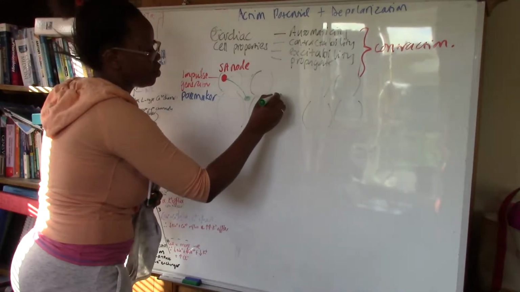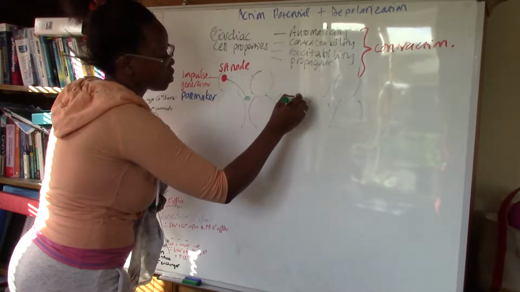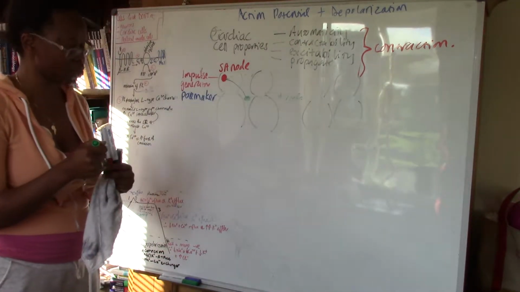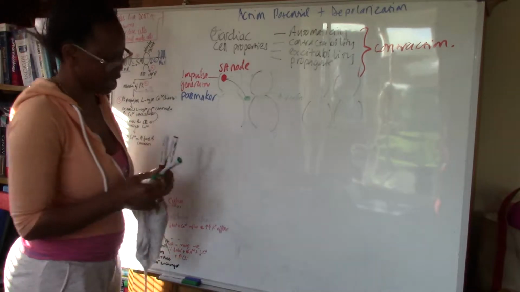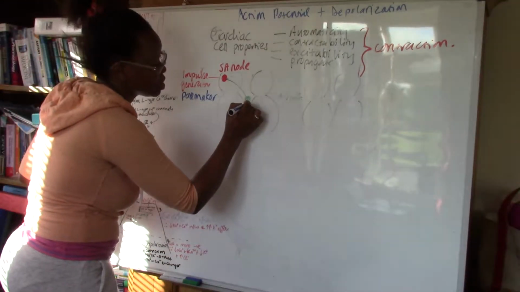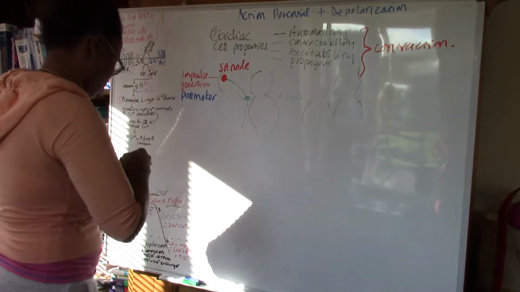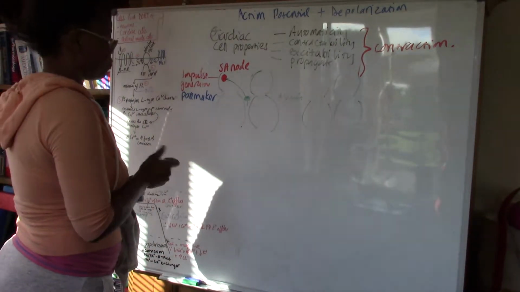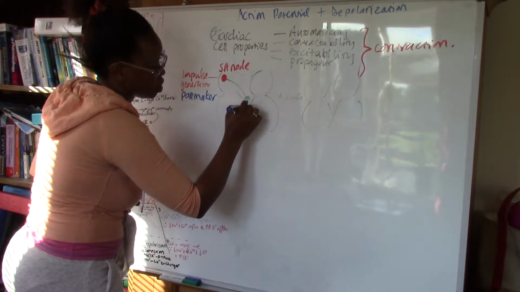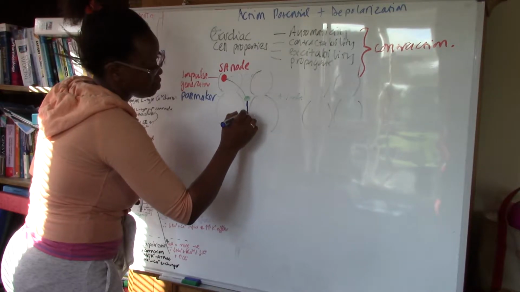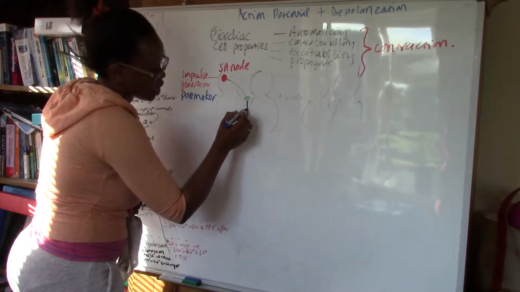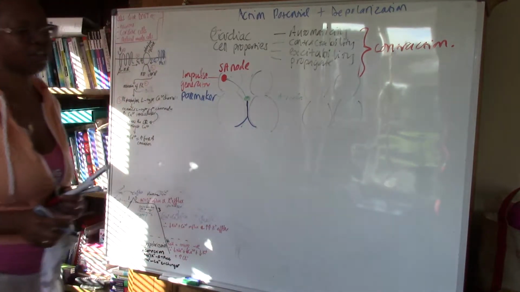So this is our AV node, and this is the annulus fibers, which ensures that the impulse comes in through the AV node. From the AV node, the impulse will then travel down the bundle of His, and then divide into a right bundle branch and a left bundle branch.